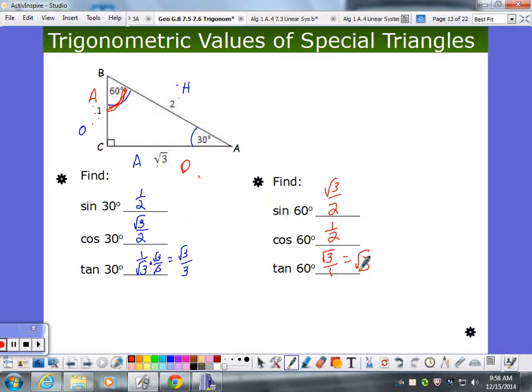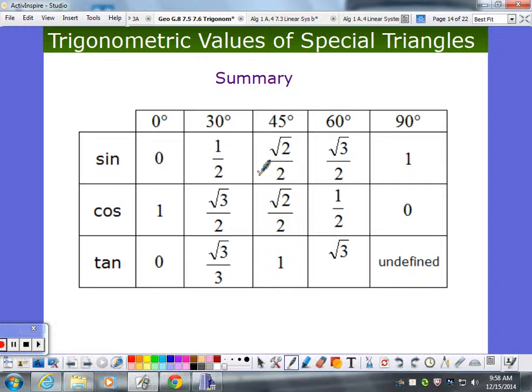These are ones that eventually you do have to know by heart. So I wanted to introduce them to you so you can see them. And there's a little table I gave you of these values right here, including the 90-degree angles, that someday you will have committed to memory.